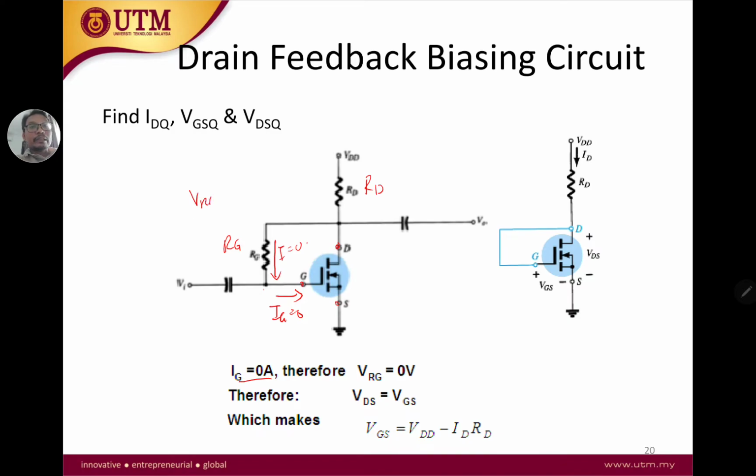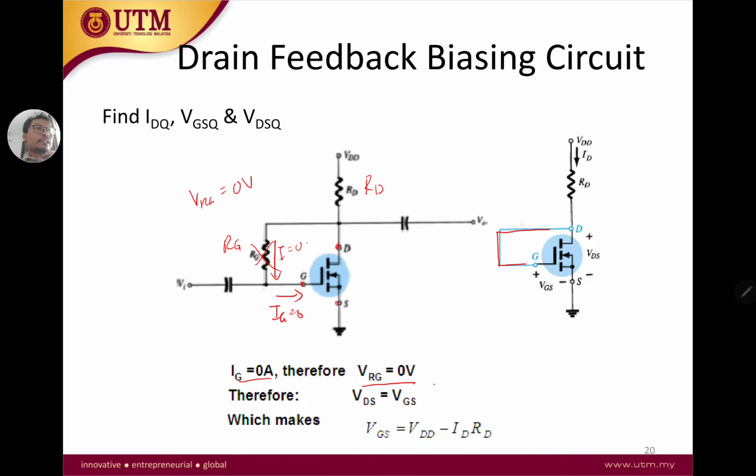Okay, so VRG is equal to 0 volt, simply because your IG is 0. So if it's 0 volt, then we can simplify and just make a connection like this. So this one essentially is gone in our analysis. Physically it's there, but in our analysis we can ignore your RG because your IG is 0.